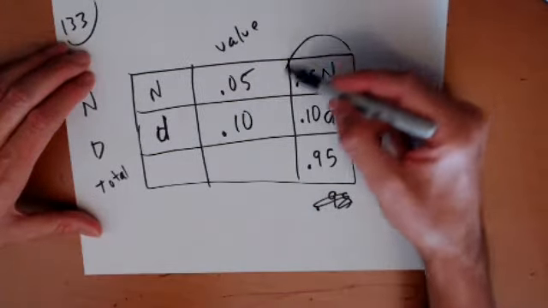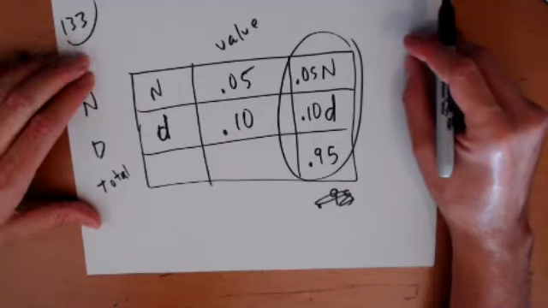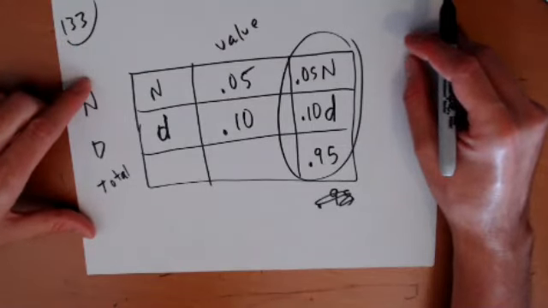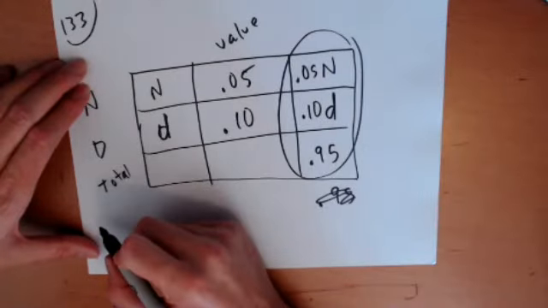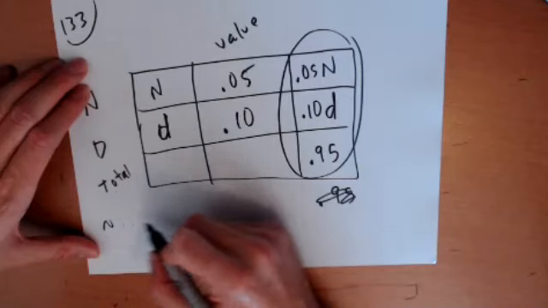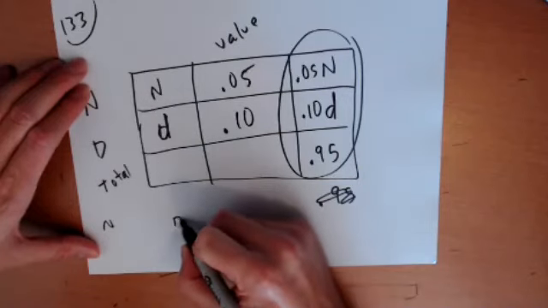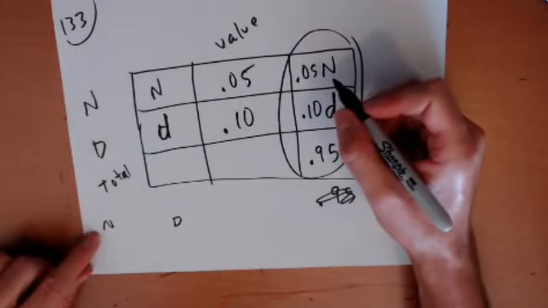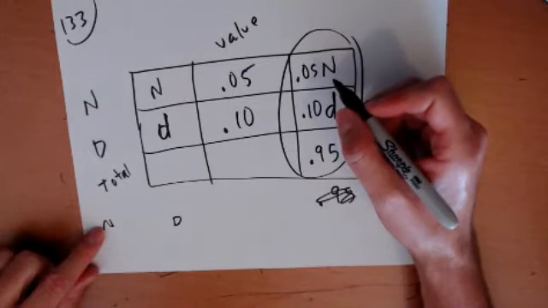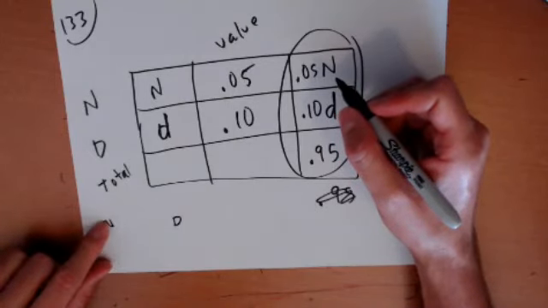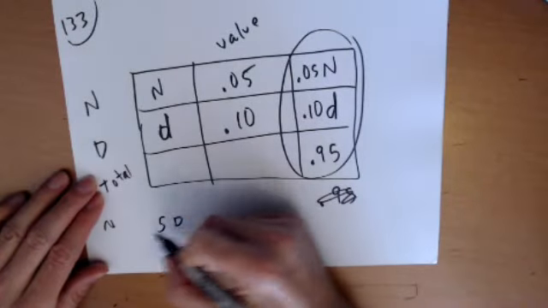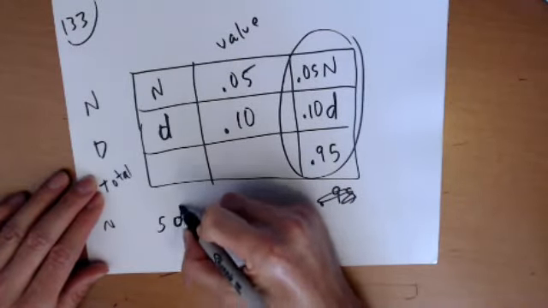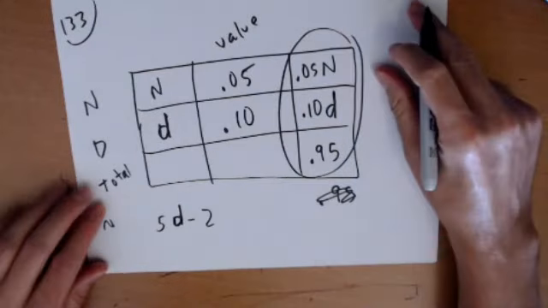Okay, so we have one equation, and now it says, what does it say? The number of nickels is 2 less than 5 times the number of dimes. So you have nickels and you have dimes, and then it says the number of nickels is 2 less than 5 times the number of dimes. So 5 times the number of dimes, oh, we made it a D, didn't we? 2 less.